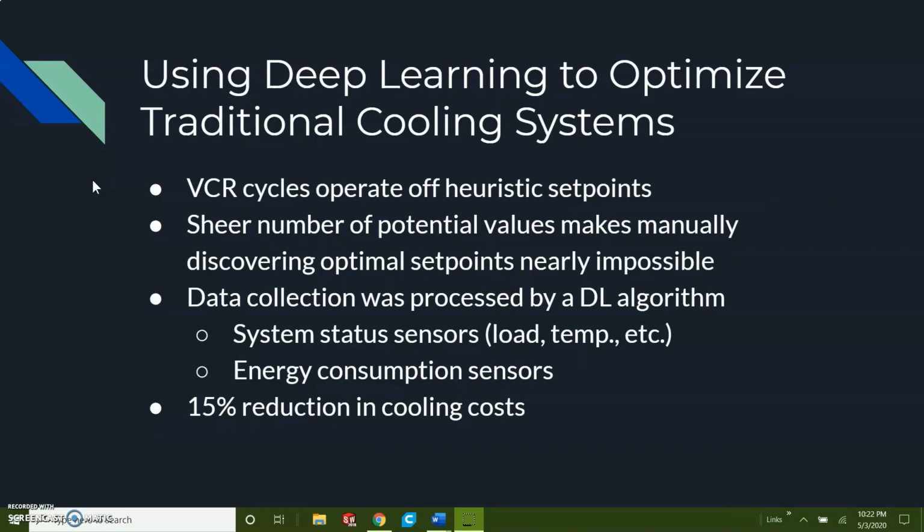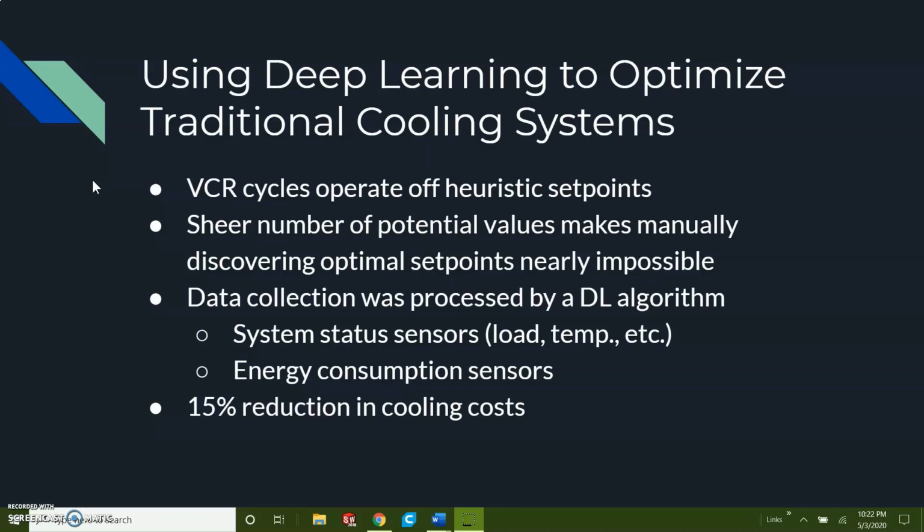Deep learning was also applied to interpret months' worth of data from a server room with a traditional vapor compression refrigeration cooling system. Normally, these cooling systems operate off human input set points. For example, an air conditioning unit is set to output air at a certain temperature, and the unit consumes a certain amount of energy to reach that goal.